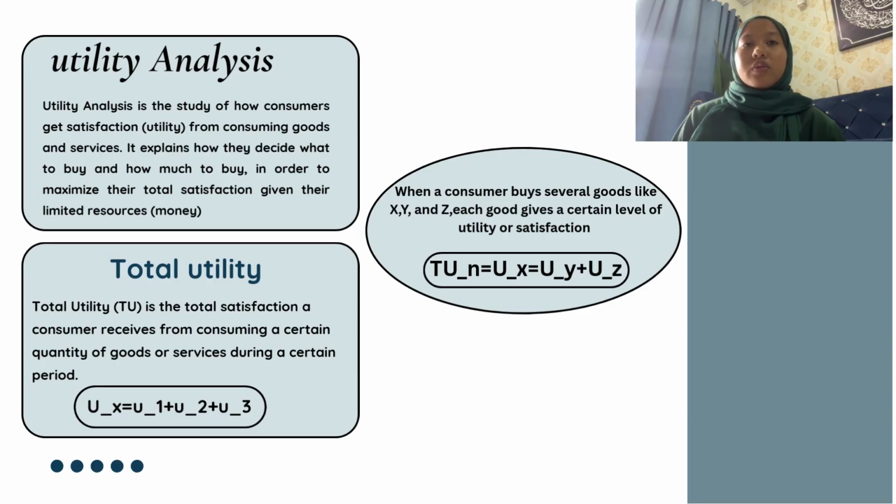TU = U1 + U2 + U3. When a consumer buys several goods like X, Y, and Z, each good gives a certain level of utility or satisfaction. TU = UX + UY + UZ.